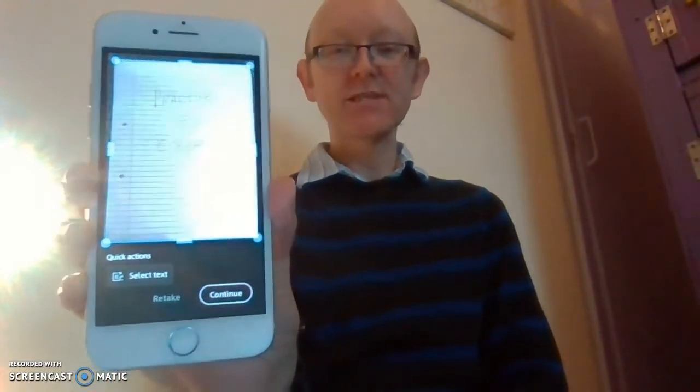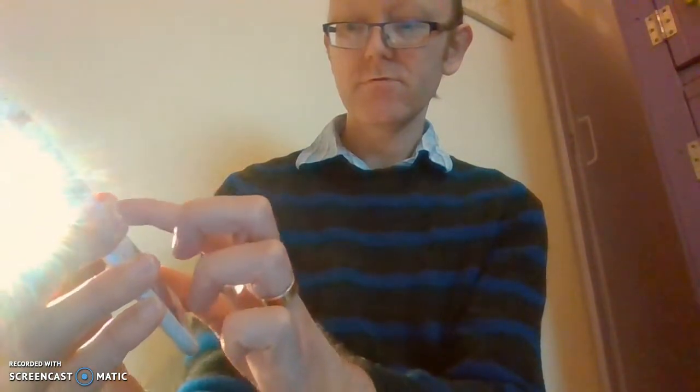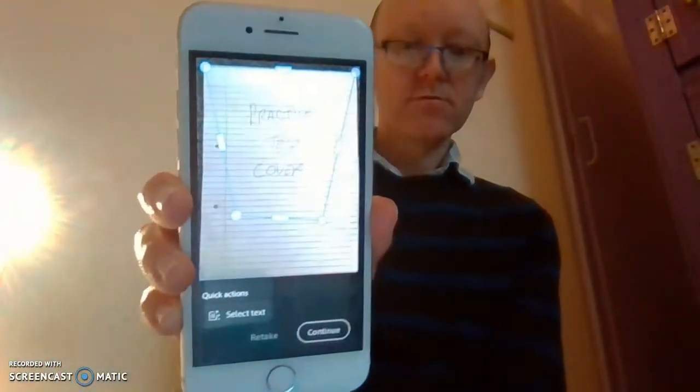Now, sometimes it captures it perfectly and sometimes it doesn't. If it didn't capture it perfectly, you will notice that around the outside of the object, it's got some little markers, these little circles on the edges, and you can drag them about, so you can just make sure that it's got the entire page on there.